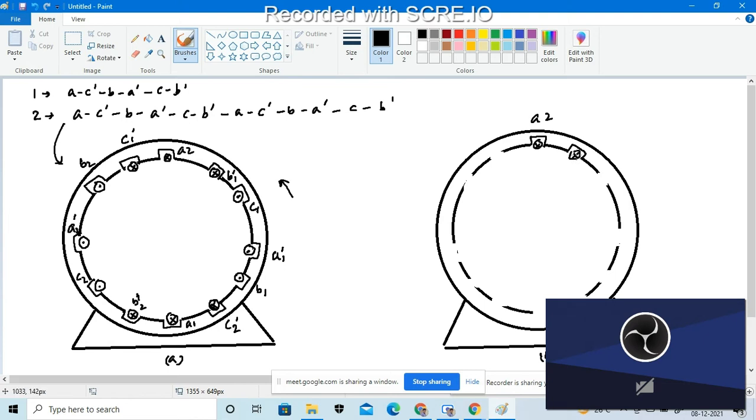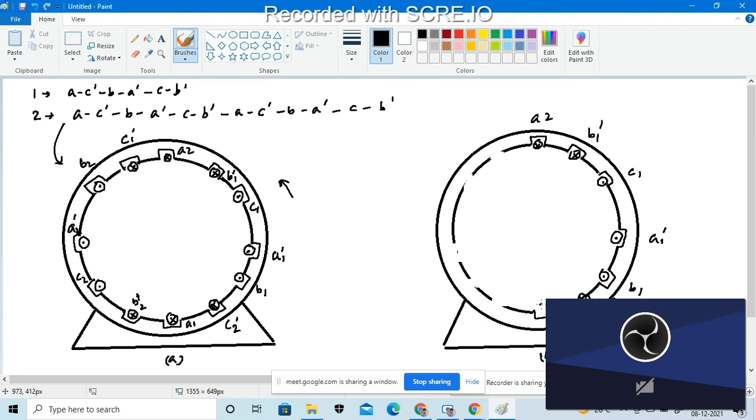This is cross. B1 dash, this is C1, which will be dot. So this section is also dot, which will be A1 dash. This segment is also dot, which will be B1. This segment is now cross, which will be my C2 dash.